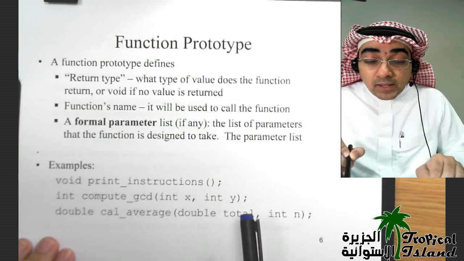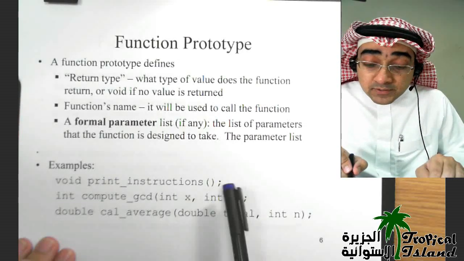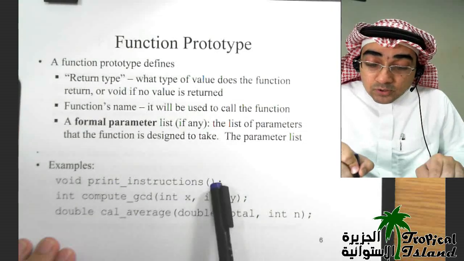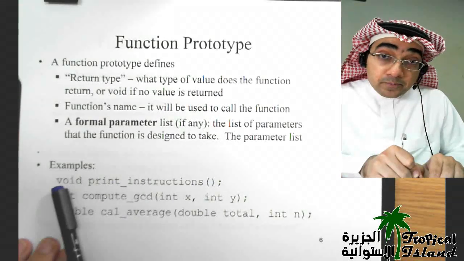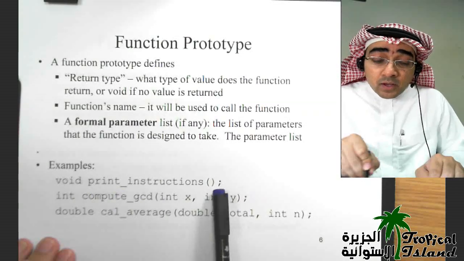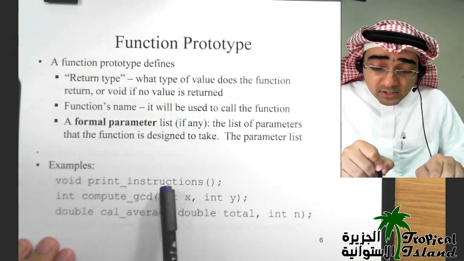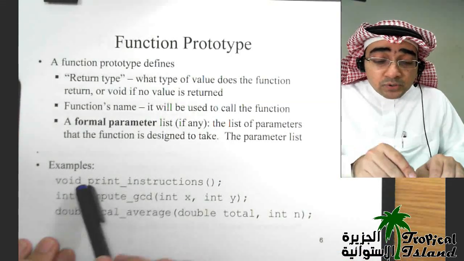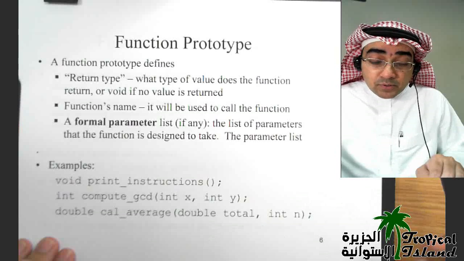In the first example, we have no formal parameter list, so I'm telling the compiler, hey Mr. Compiler, you have a function that takes no input and produces no output. The function name is print_instructions. Basically this function prints something to the user and comes back, so we don't need any output and we don't need any input for it.